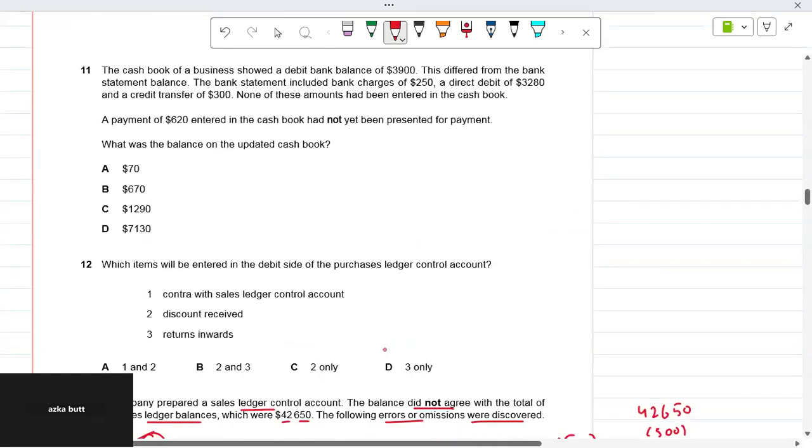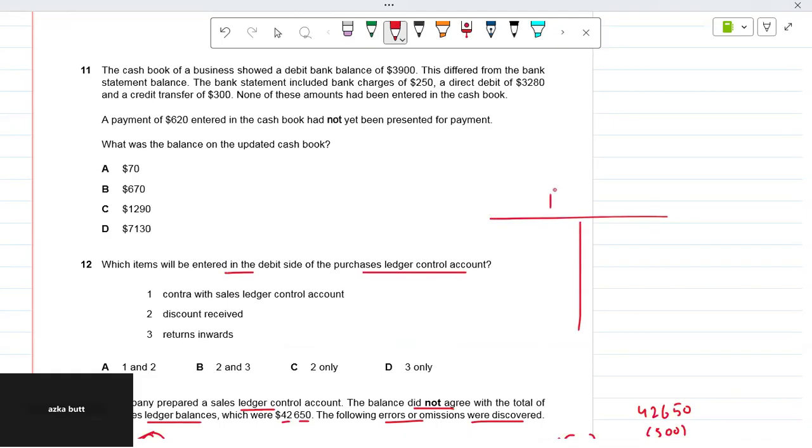Now let's see the 12th question. Which item will be entered in the debit side of the purchase ledger control account? This is a PLCA.